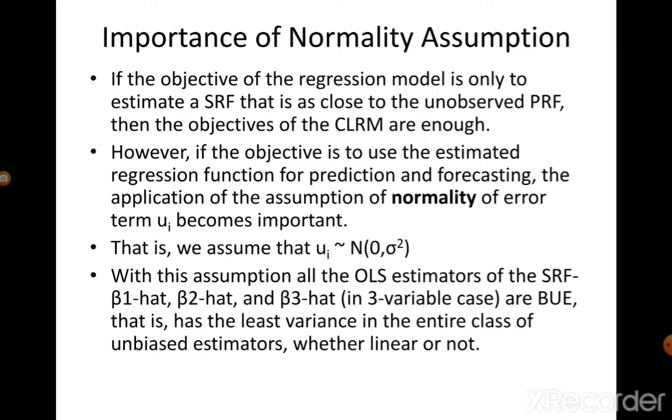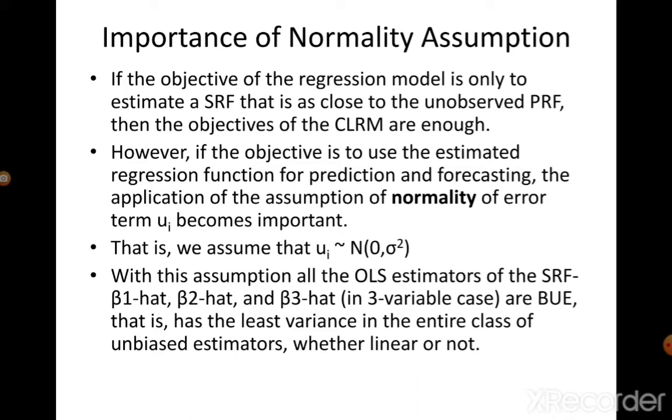So once again, like we had said in the two-variable regression model case, if we are happy with just estimating a sample regression function which is as close as possible to the population regression function, then all the assumptions of the CLRM model are more than enough.